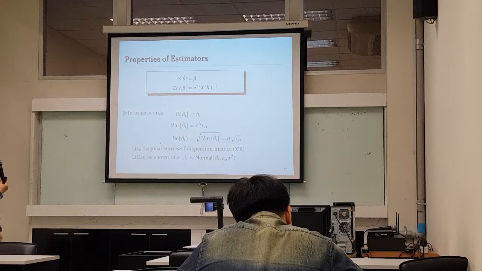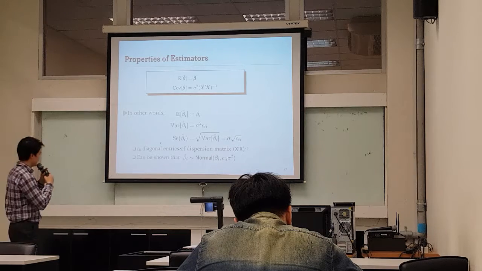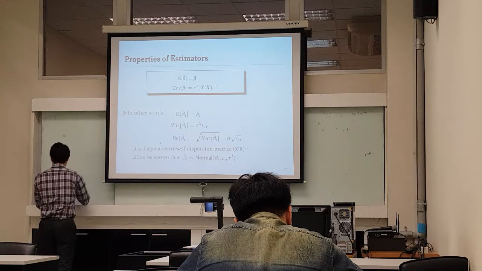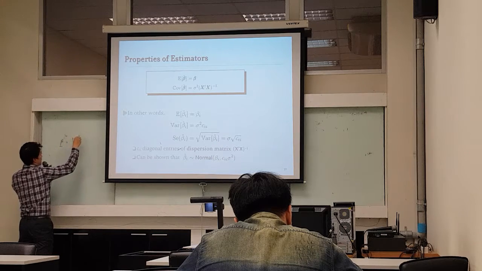The key results, I'm not going to prove. The key result is here. First, if you take the expectation of your beta, it is this one. Beta is a vector.